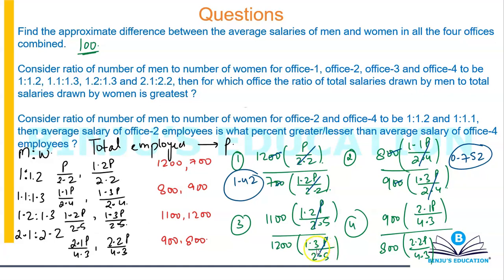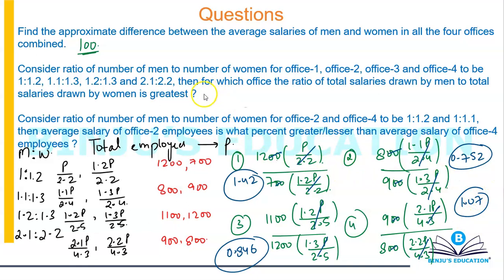So that's going to be 0.846. And the last one, that's 9 into 2.1 divided by 8 and then divided by 2.2 again, so that's 1.07.